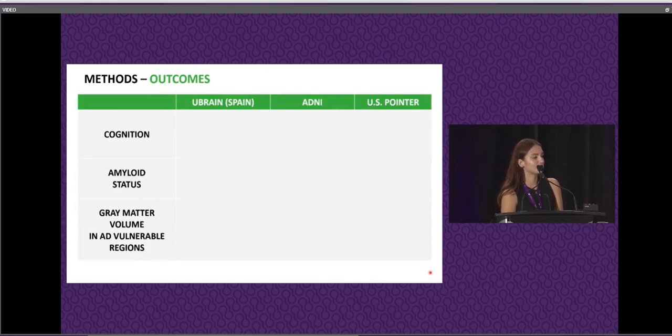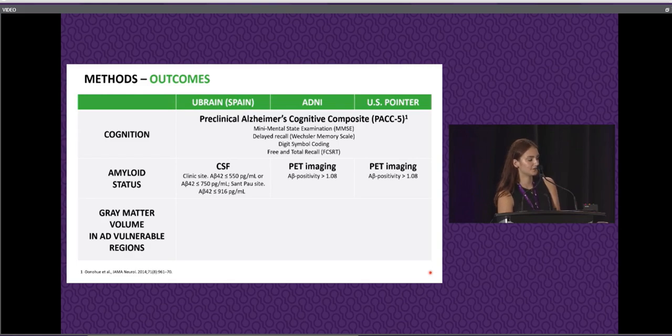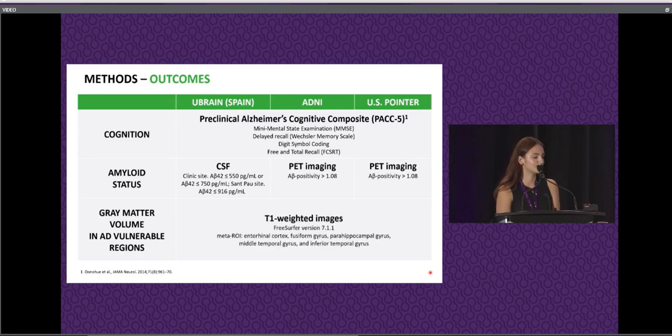Our outcomes of interest were cognition, assessed through the Preclinical Alzheimer Cognitive Composite in all 3 cohorts, amyloid status derived from CSF in UBrain and derived from PET imaging in ADNI and US Pointer, and gray matter volume in AD vulnerable regions, assessed with T1 weighted images averaged into a meta-ROI composite.